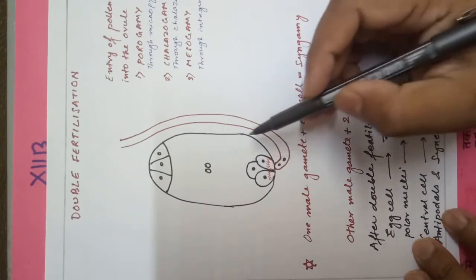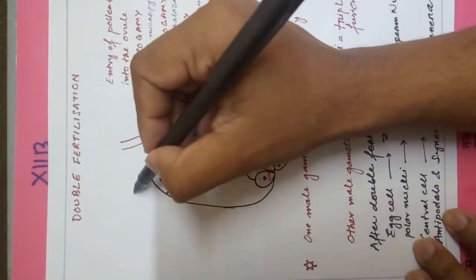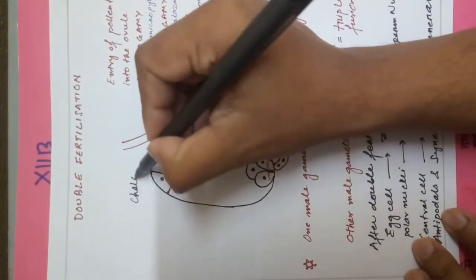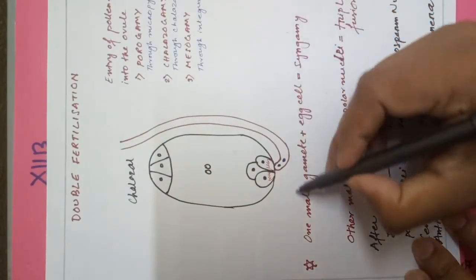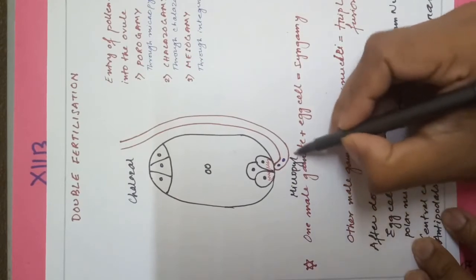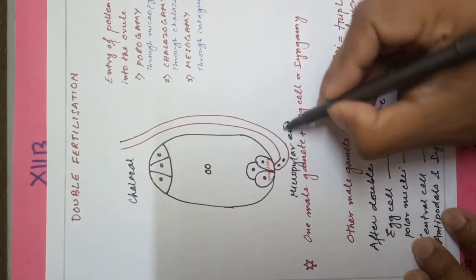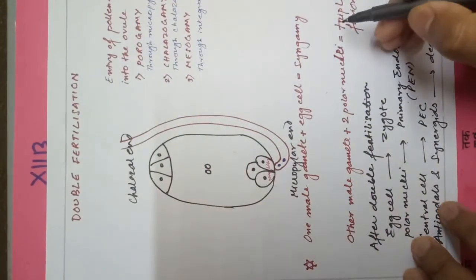If I label once again, we have two ends of the embryo sac. One is called the chalazal end, the other end is called the micropylar end. Yes or no? One is the chalazal end, one is the micropylar end.